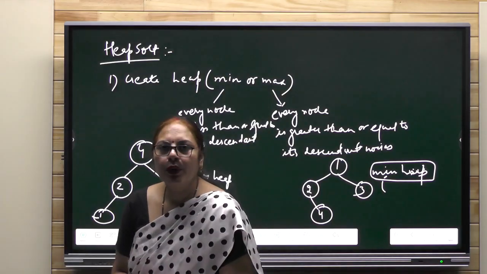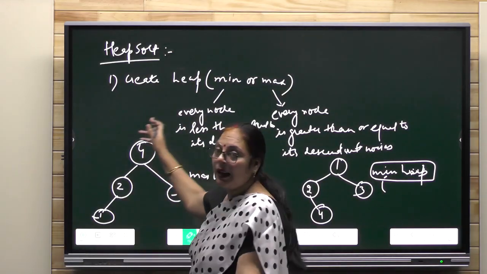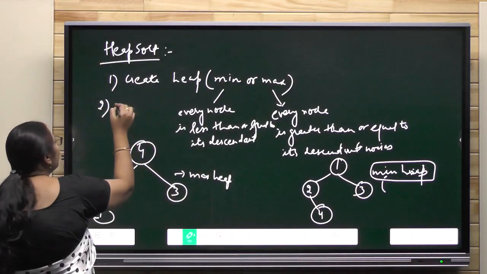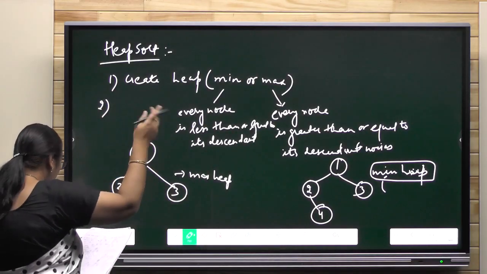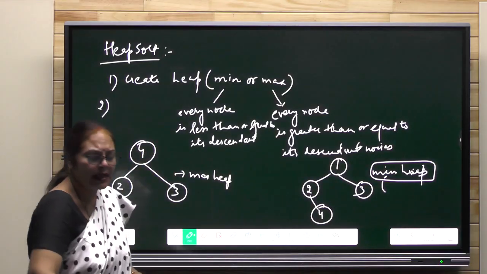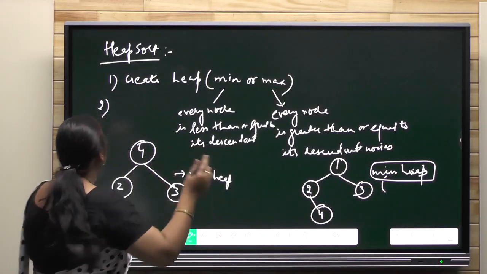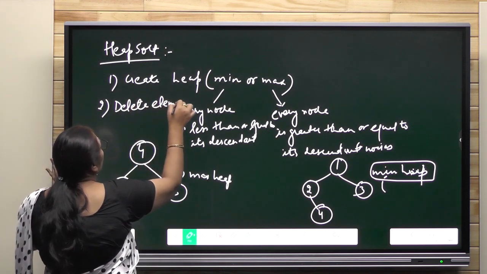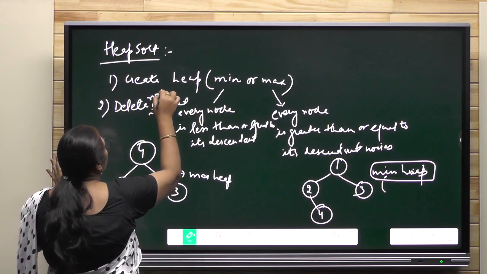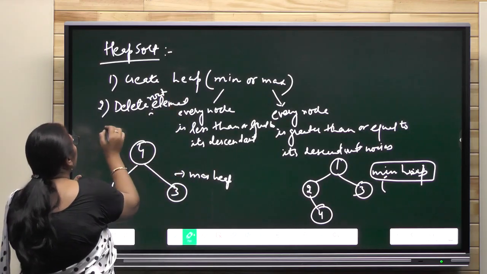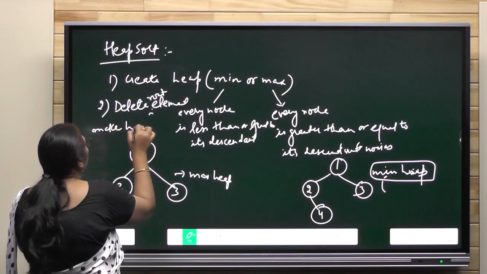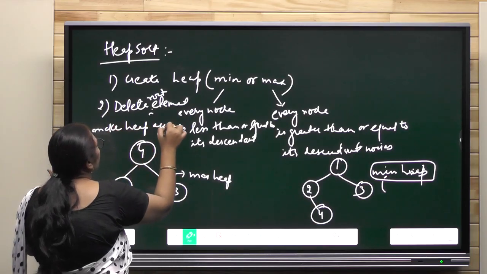So this is what we are going to do. The first step is to create the heap, either max or min heap. After that, we delete the root element, and after deleting the root element, we make the heap again with the same procedure.